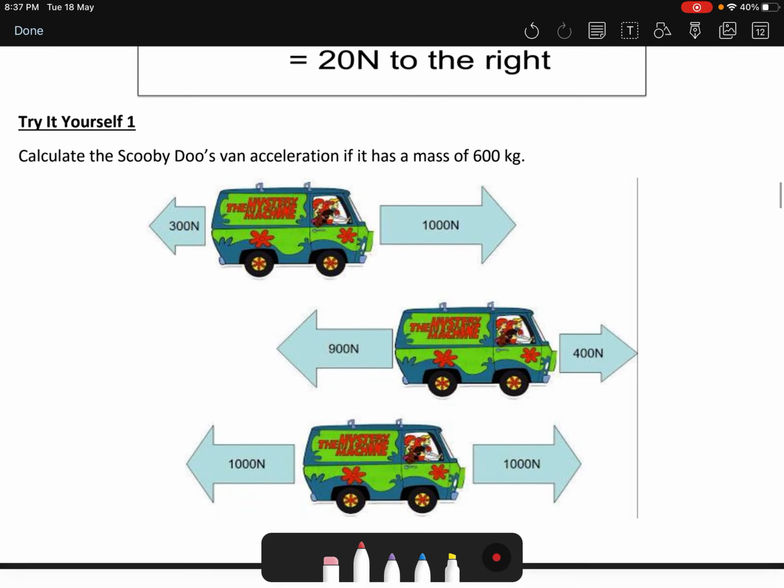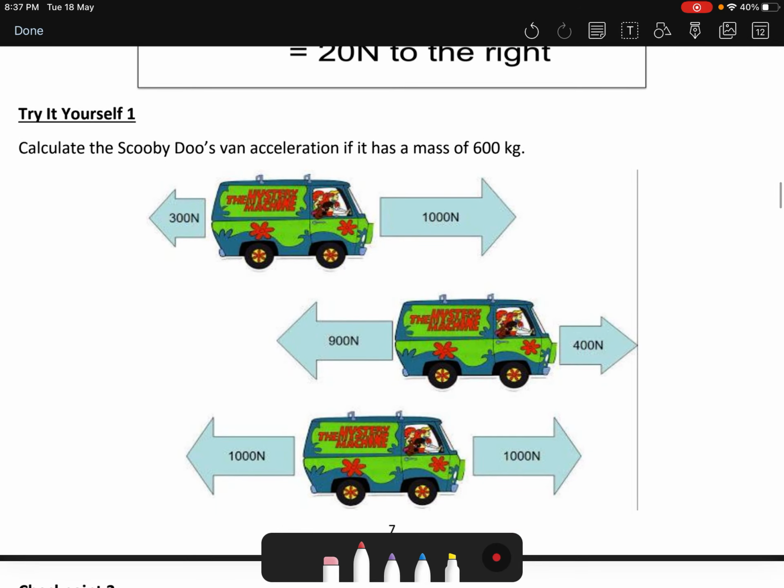Of course, try one yourself. We have the Scooby-Doo van. This Scooby-Doo van has a total mass of 600 kg. What is the acceleration for each scenario? First, we have a resultant force towards the right hand side of 700 Newton.